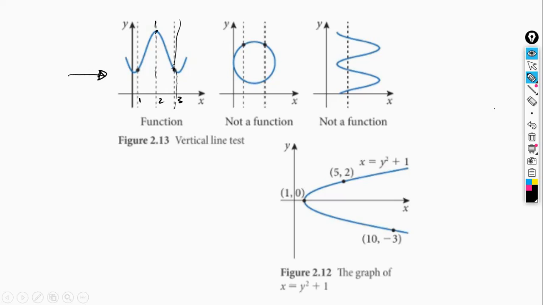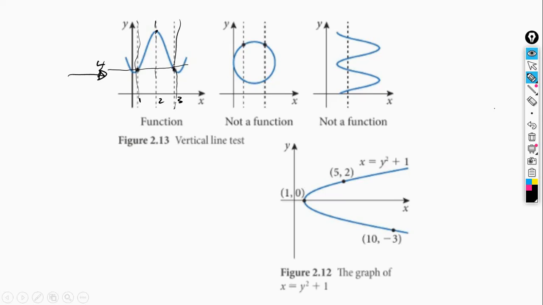And 1 also maps to only one point on the graph. That means that each x value maps to one unique y value, because if this is 4 in y, both 1 and 3 map to 4, but that's not a problem. Remember that the y values can repeat, but what is important is that the x values map only to one unique value. So 1 only maps uniquely to 4, and 3 also maps uniquely to 4 as well.